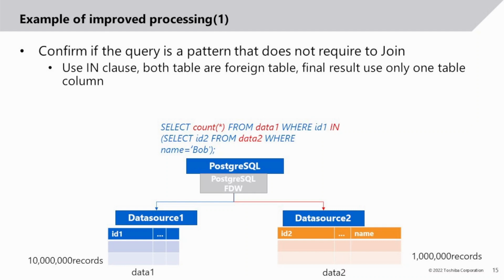For example, the data sources, tables, and queries are the same as before. Firstly, we confirm the query. More precisely, we confirm the contents of the query tree after the parse phase. The contents to be confirmed include the use of foreign tables, the IN clause subqueries, and, as a result, confirming that the required columns are not spread across multiple tables.